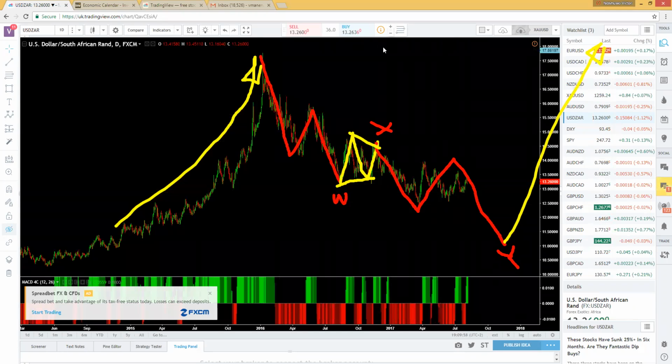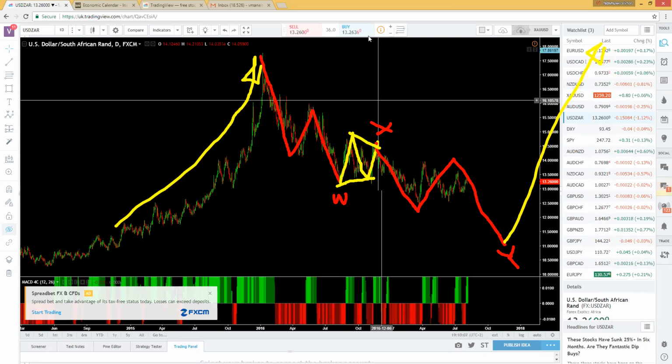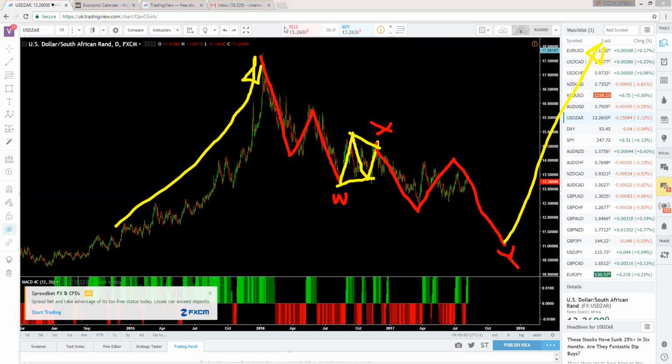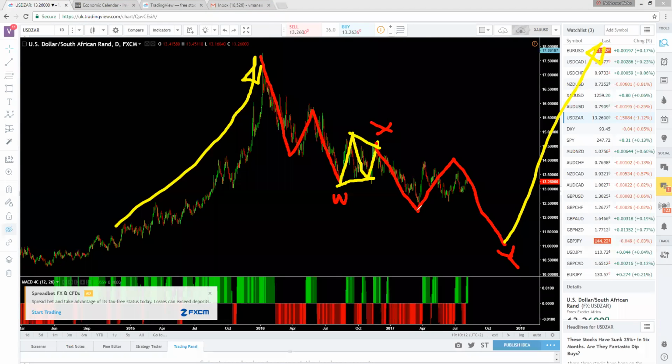So what I was expecting there, if I go green, let's go green color. I was actually expecting this pattern to do something like this, come and break this top and then go down.